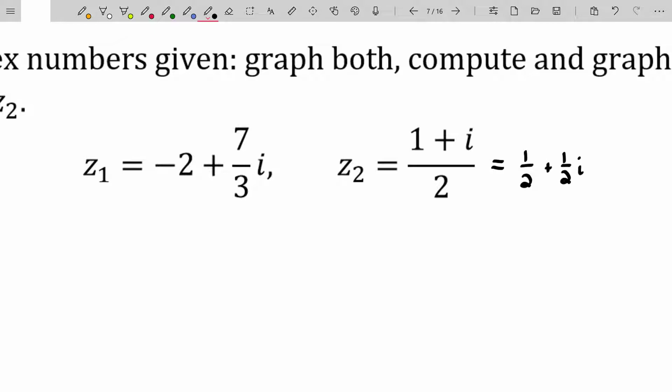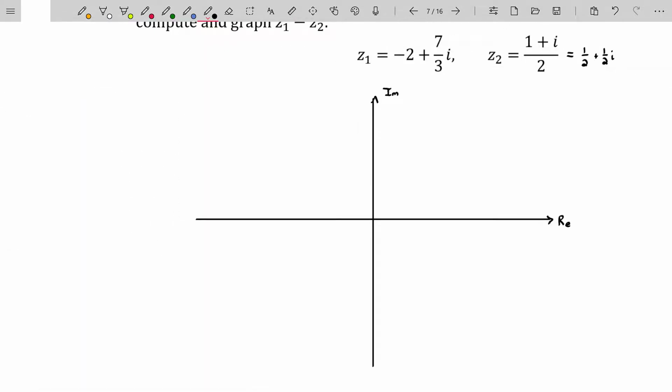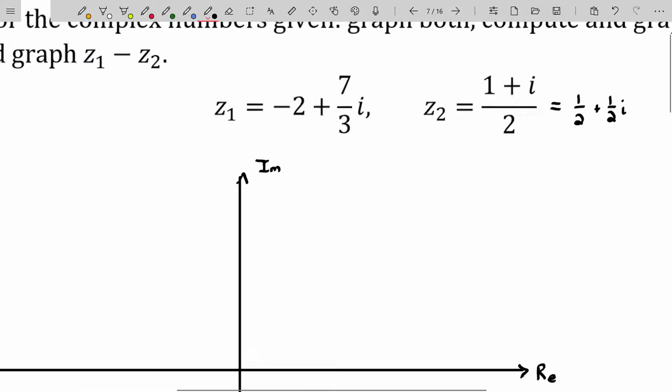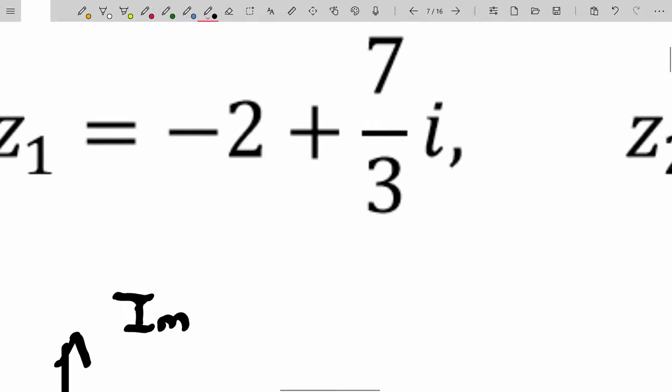Now we'll graph both of these. Here you see I've graphed the real axis and the imaginary axis, just like we did in the previous video. I'll plot these two numbers very quickly. One thing you should note here is the magnitude of each of these complex numbers.